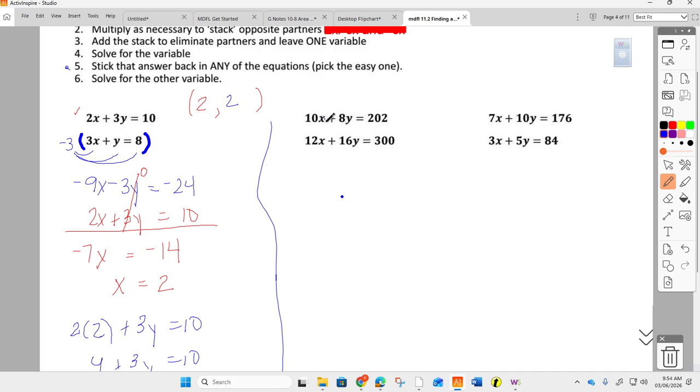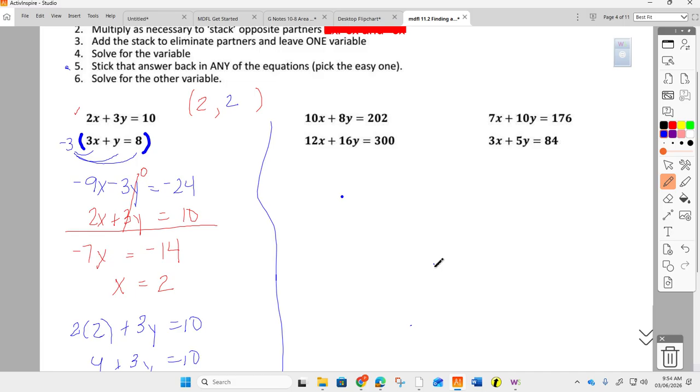Can you see at a glance what's a product that both coefficients on the x or both coefficients on the y are a factor of? Say it again? No, 2 is a fact.